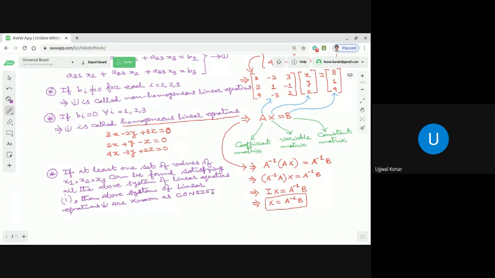So I'm writing it in uppercase so that you understand that it's important.